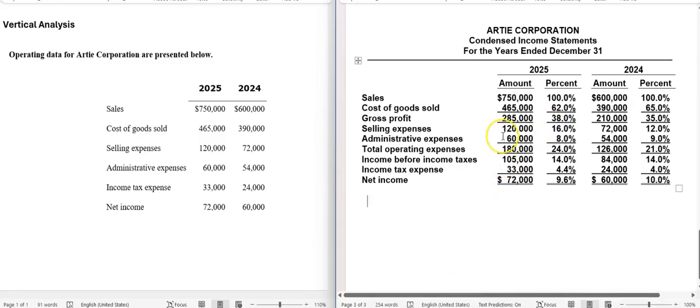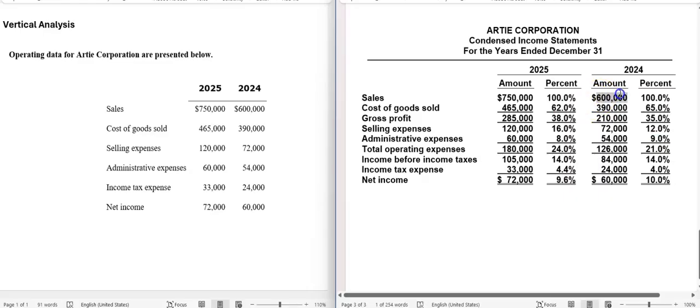Right? We are vertically staying within one year. Vertical analysis just goes vertically up and down the year's income statement or the year's balance sheet or the year's statement of cash flows and coming up with each line's percentage of total revenues. Doing the same thing on the 2024 income statement.